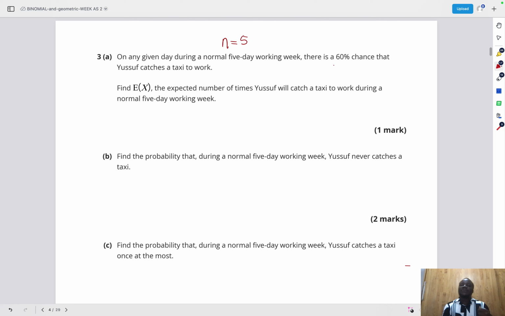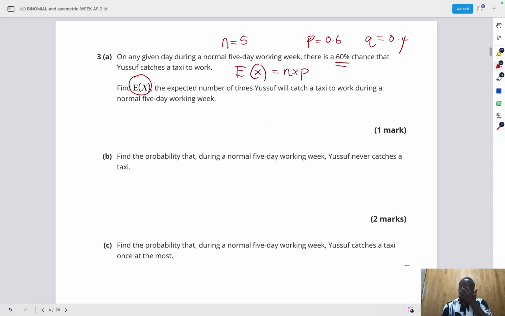So this is our discrete random variable. Meaning the probability of catching a taxi is 0.6, since it's just given as a percentage. Meaning the probability of not catching a taxi is 0.4. Find the expected number, which is the expectation. And you remember when we started, I said expectation is given as n times p.